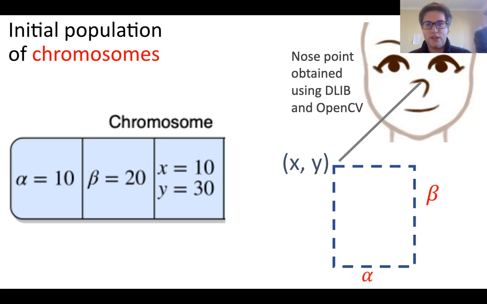Here you can see on the right that the x and y coordinates are relative to the nose. So the first thing to do is to find the location of the nose, and we use dlib and OpenCV to do that. Then from there, we can translate and move to position x and y relative to the nose, and then use alpha and beta to get the patch.